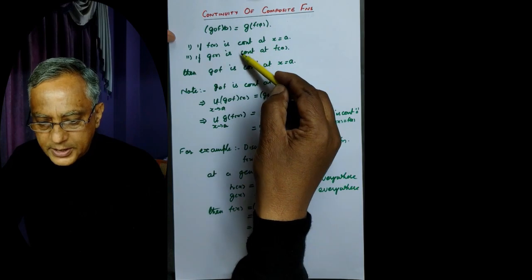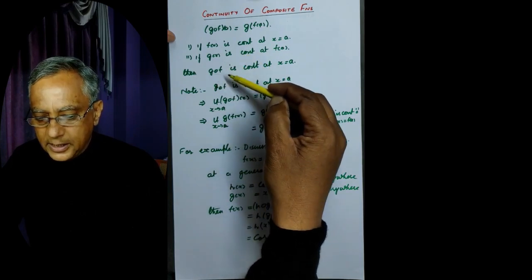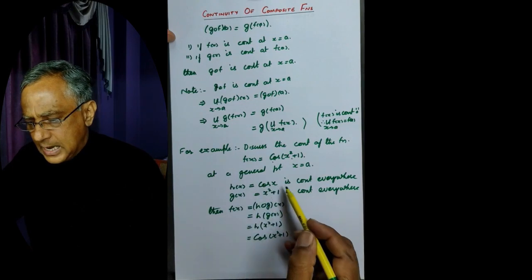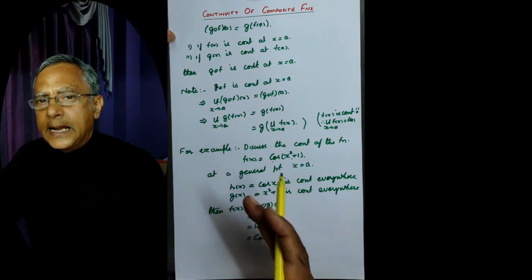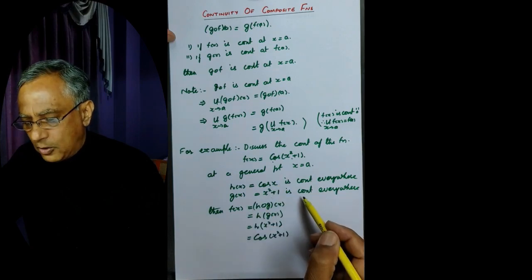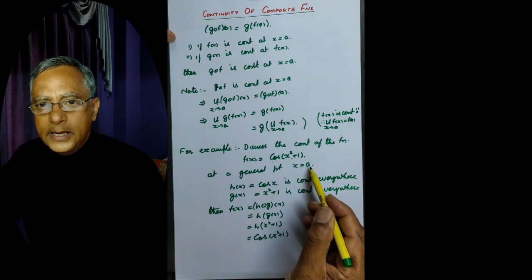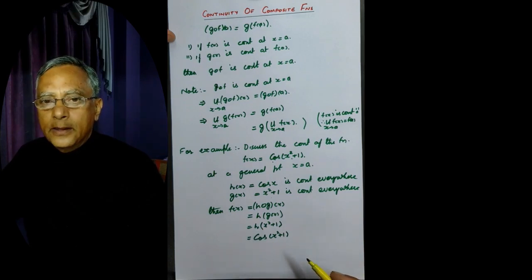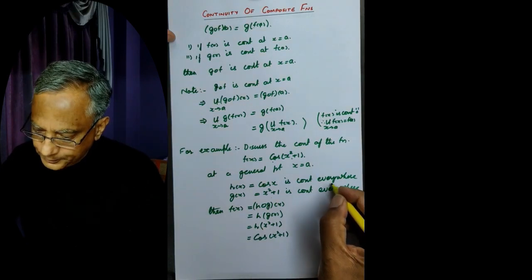If these two functions are continuous, then their composite is also continuous. And since these functions are continuous everywhere, that is at all points, therefore at x equal to a also, their composite will be continuous everywhere.